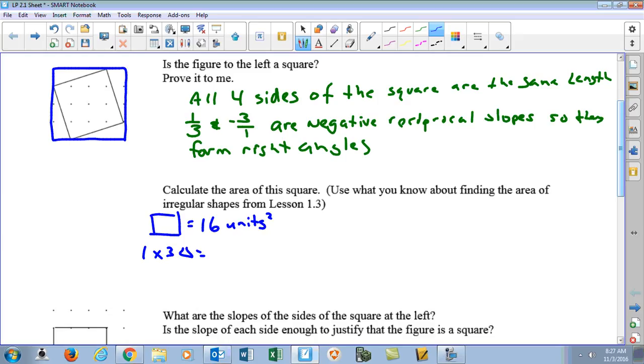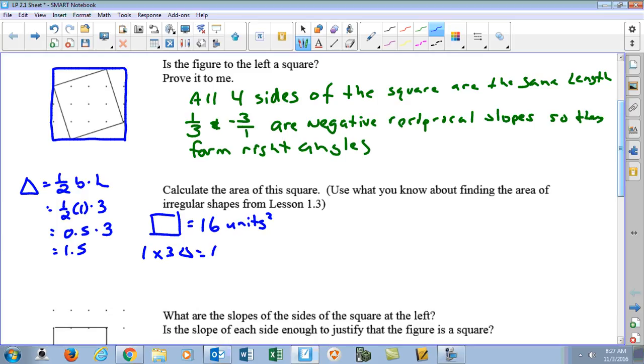Well, remember, area of a triangle is half the base times the height, right? So if half the base is 1, what's half of 1? A half. And then when I multiply it by 3, 0.5 times 3 is 1.5.